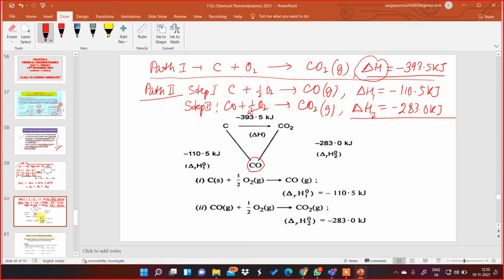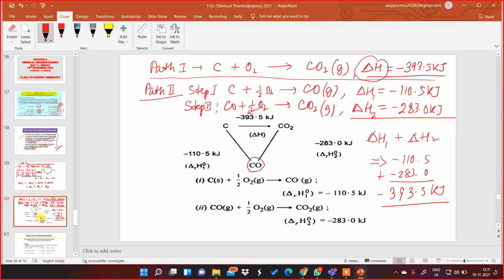If we add delta H1 plus delta H2 mathematically, we have minus 110.5 plus minus 283.0 kilojoules. If we add this, you get minus 393.5 kilojoules.